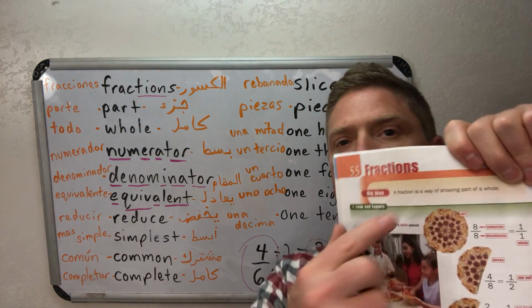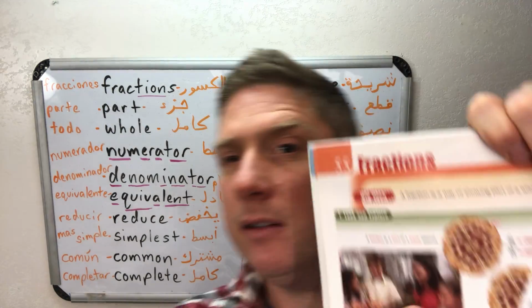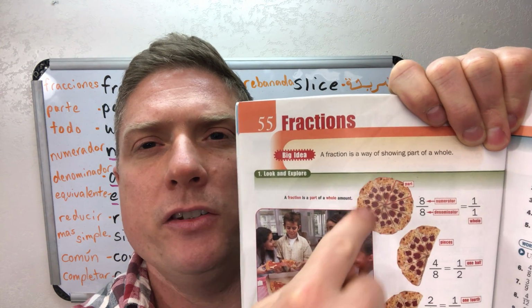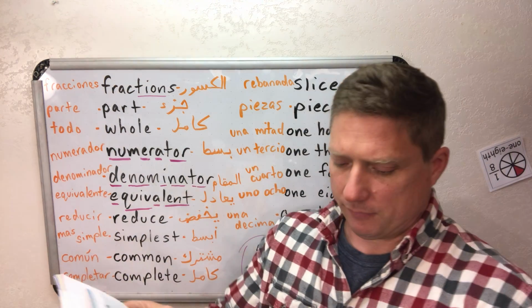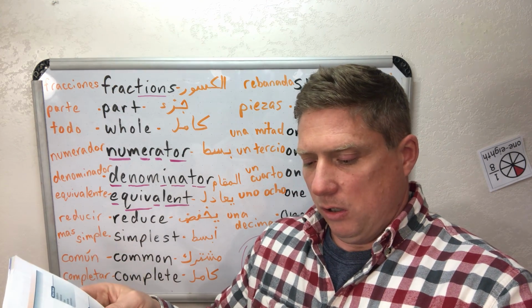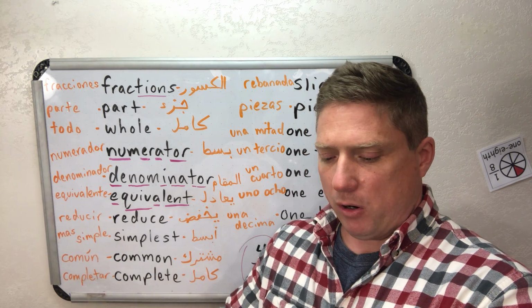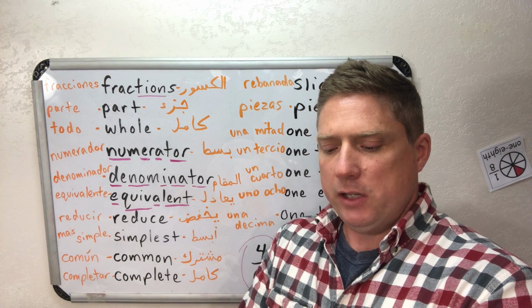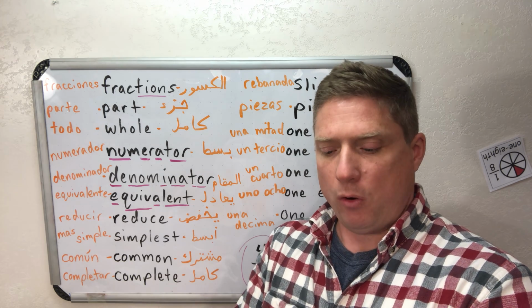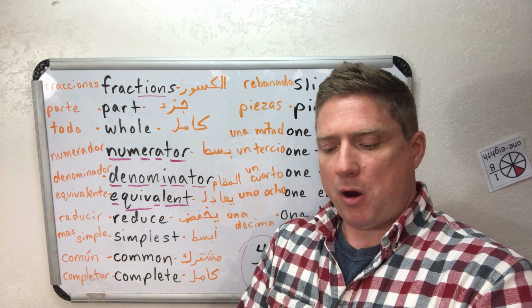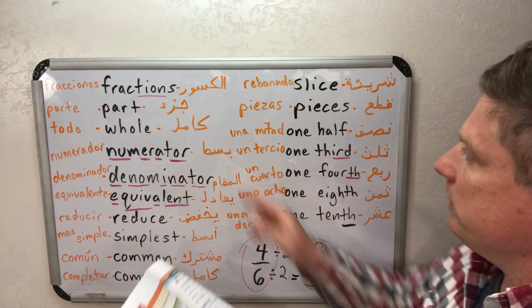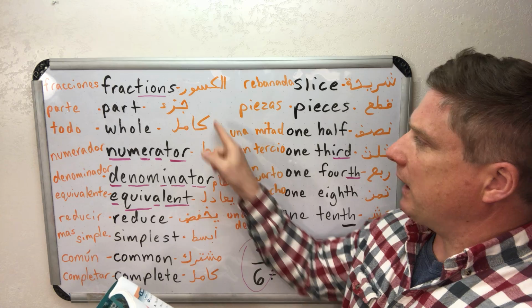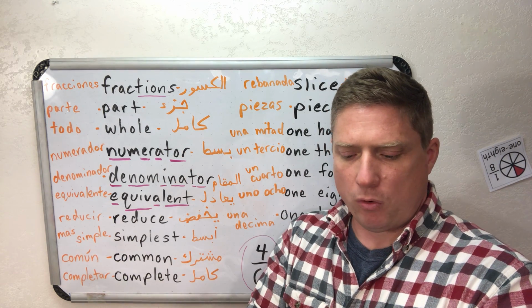Right, so they took the pizza and they sliced it into 8 equal pieces. So now the pizza has 8 parts. 14. Each part is a fraction of the whole. Each part is a fraction of the whole. It's just a fraction of the whole.